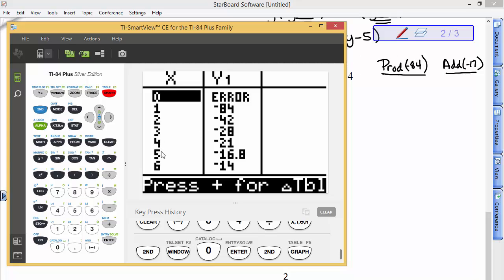You can arrow down. Look at this, 4 times a negative 21, and see the 17? So I've created a list of factors that multiply to be a negative 84.